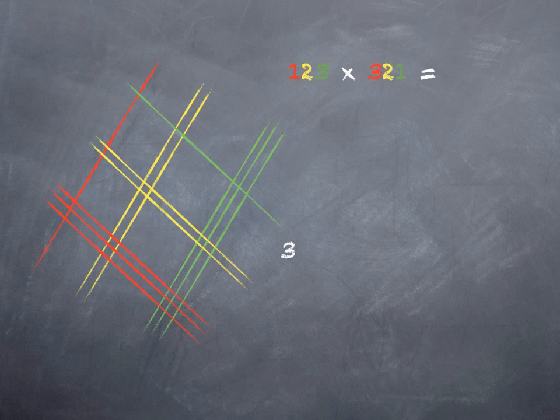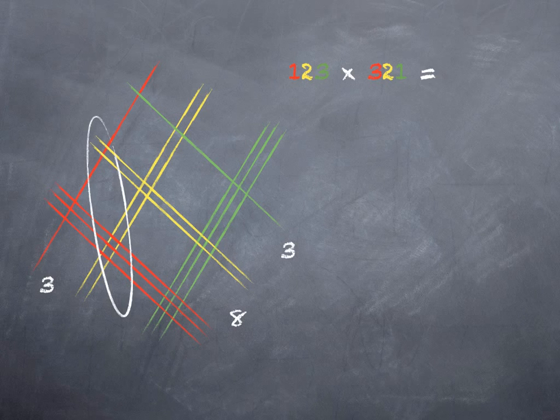And so I leave that 3 in the ones place. Next up, I have yellow intersecting green, which means I'm getting tens and ones. So out of that, I'm going to get tens. If I count up those intersections, there are 8. So 8 goes in the tens place. On the left, I get 3 intersections, but that's hundreds and hundreds, which gives me 10,000s. So 3 goes in the 10,000s place.